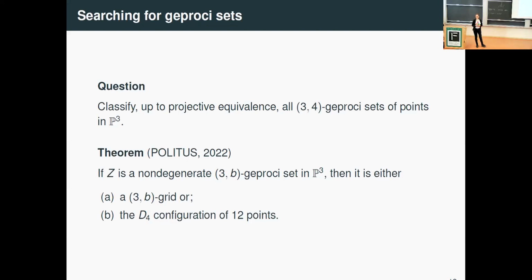So this means that there are no 3B Geproci sets for B greater than 4. The proof goes through different cases, whether the points are in general position, linear general position, or lie on a twisted cubic. There are several cases which we consider, and we come to the result that if you have a 3B Geproci set, it must be a D4 or a 3B grid.